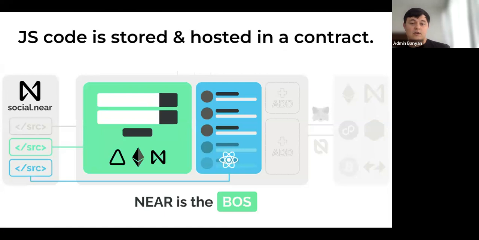So you run the code in the contract using the virtual machine as the way to render the components that you're building, just like React. So the virtual machine, or the web engine under the hood, makes it possible to store this code and host your components on chain by storing the actual JavaScript in a contract.